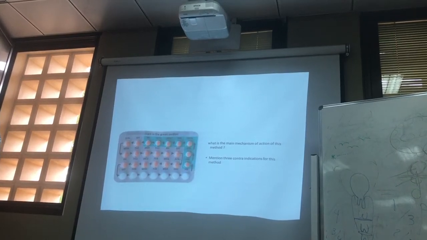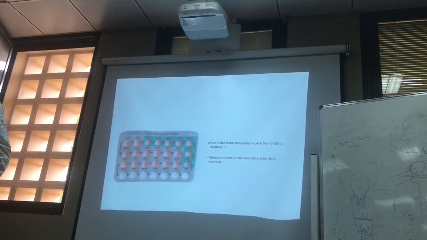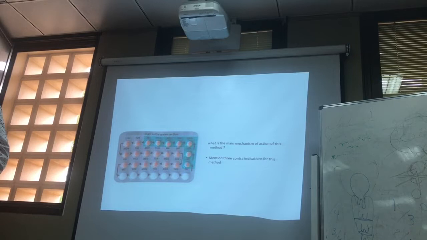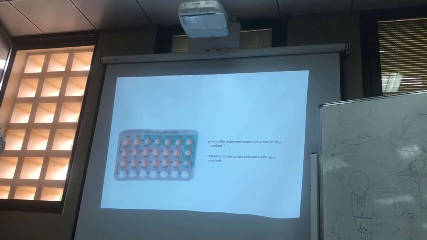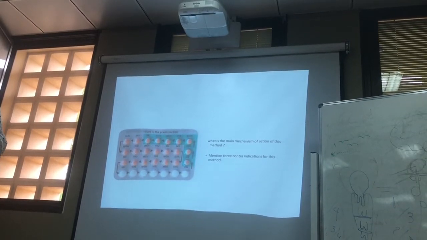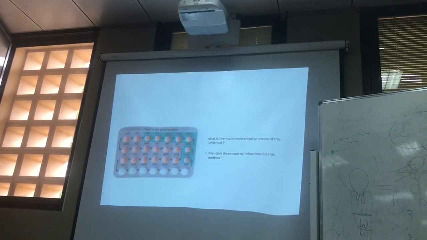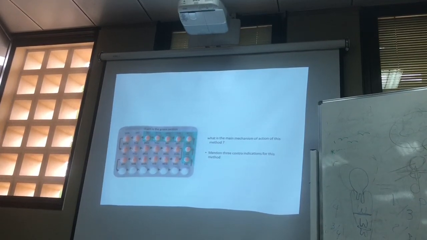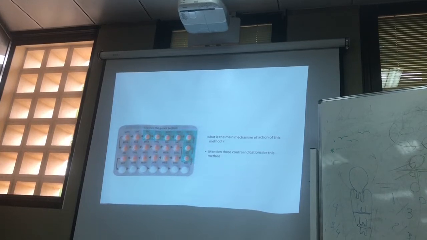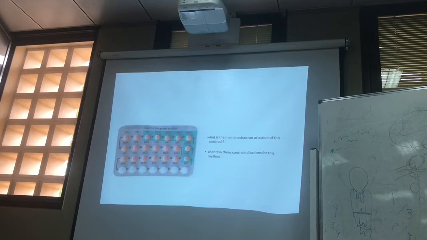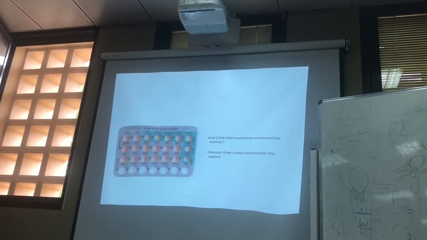The main mechanism of action, if you put them in order: number one, the most important way is inhibiting ovulation, preventing ovulation. After that, mucus thickening and endometrial thinning. Then even if the ovum gets fertilized, it's not going to implant because the endometrium becomes very thin.